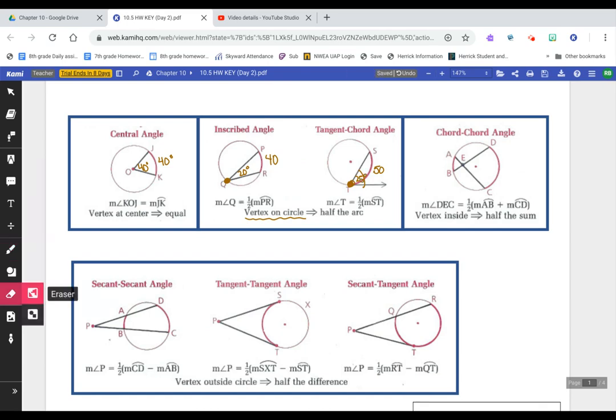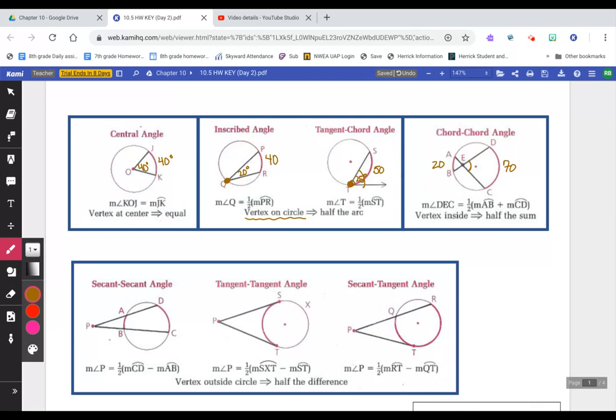Okay, next one. We have a chord-chord angle. So let's talk about this angle right here. This angle would be, let's say arc DC was, we'll say 70. And over here, arc AB would be, let's say, I have no idea, 20. Let's make it up.